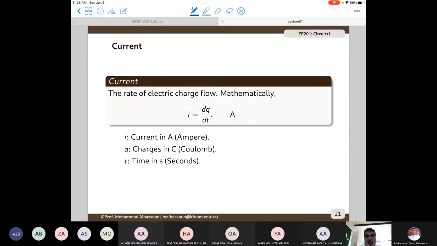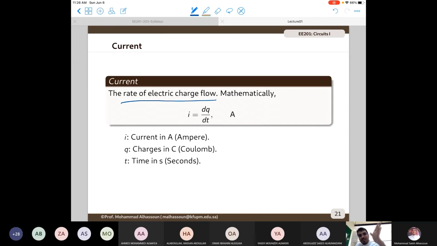Okay. So what happens when we have charges that are moving? If we study the rate of movement of electric charges, or the rate of electric charge flow, this is the definition of the current. So the current is defined as the rate. When we say the rate, we mean the derivative with respect to time of the electric charge flow.